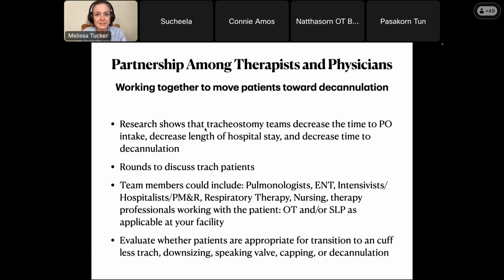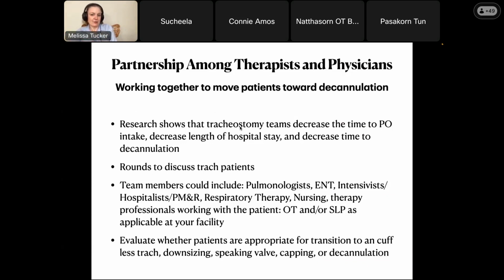And I want to talk about a partnership, again, on that topic between therapists and physicians, since I know this is a mixed group of therapists and physicians, about how we can work together to progress patients towards decannulation. There is some research out there in acute care hospitals about tracheostomy teams.